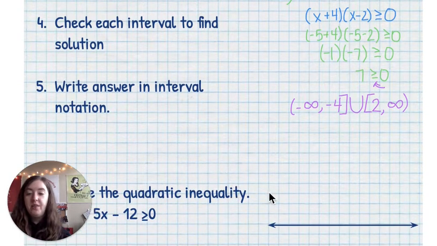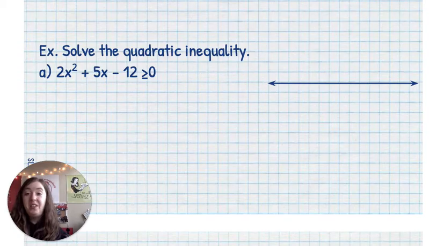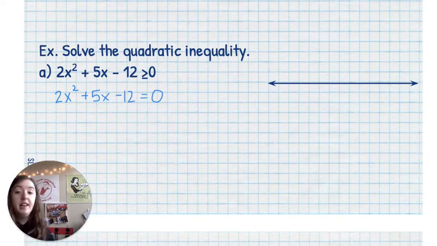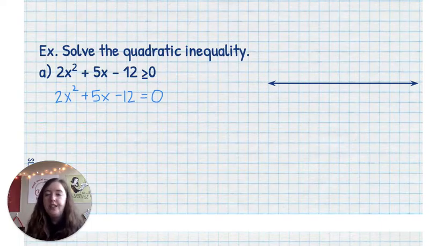Good deal. So let's solve the next inequality. The first thing we need to do is turn this into an equation. Then we're going to factor. First of all, let's look for a GCF. Do we have a GCF?